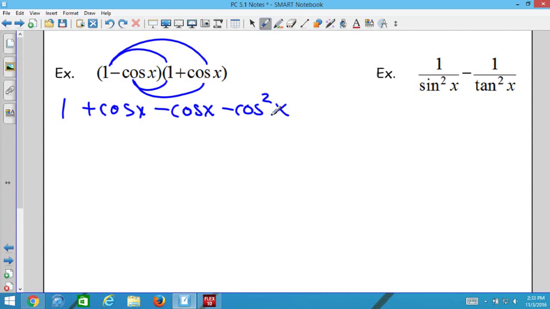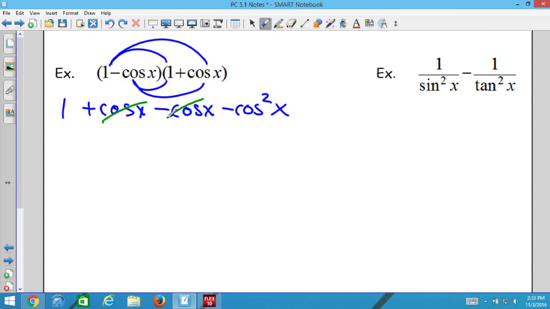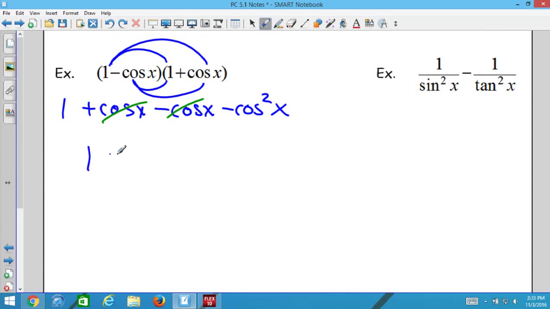And then from there, because these are conjugates, they're exactly the same, just one's plus, one's minus, you've done this stuff before, the middle 2 terms cancel out. They're inverses, they cancel each other out, and we get 1 minus cosine squared x.